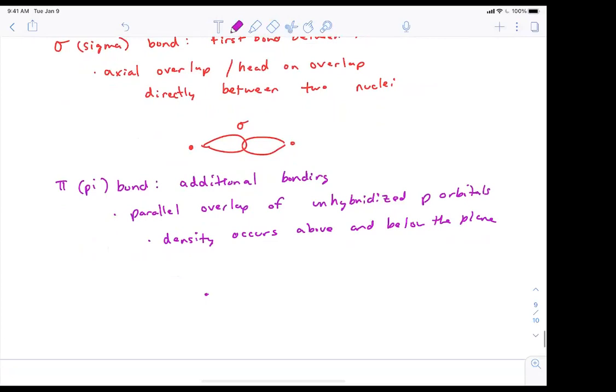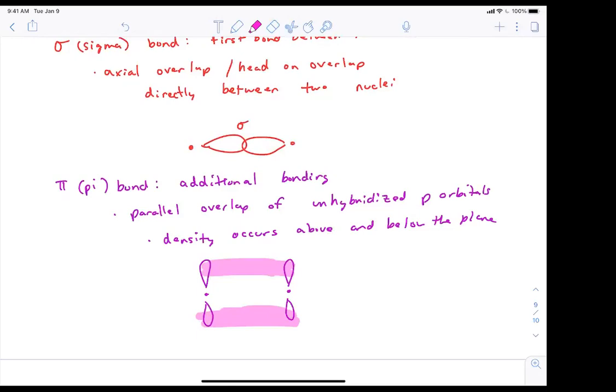So here what you would imagine is a p orbital, and maybe I'll highlight it instead. That density of the electrons jumping between the p orbitals creates that bond that's attracting.